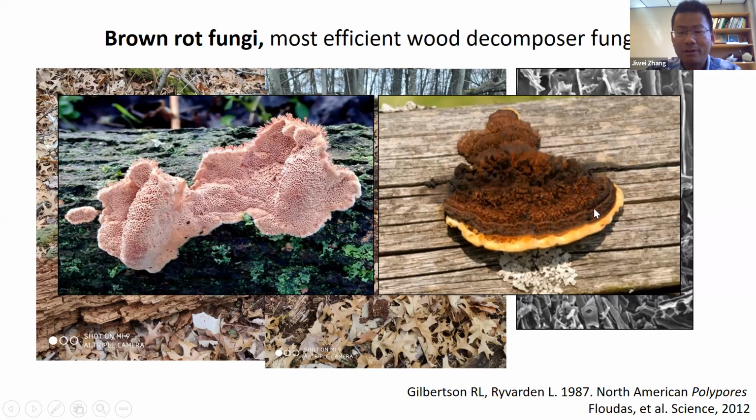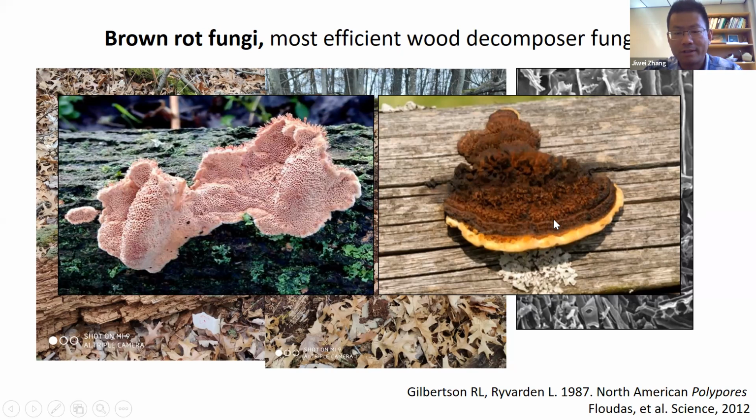This is another brown rot fungus we commonly use in our lab, which is a model fungus. Actually, right now we have developed a system or platform with which we can genetically manipulate this fungus.